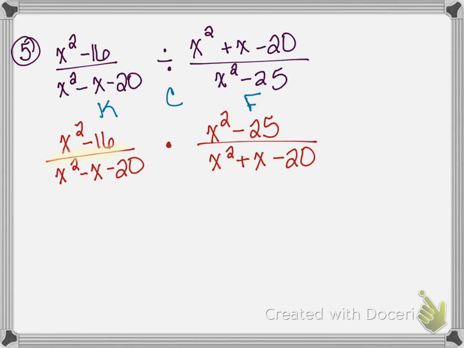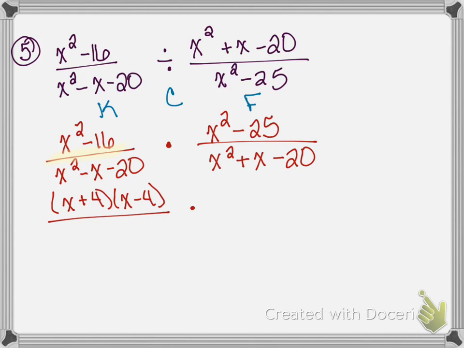What kind of polynomial is x squared minus 16? It's a difference of perfect squares, so it becomes x plus 4 and x minus 4. Excellent.